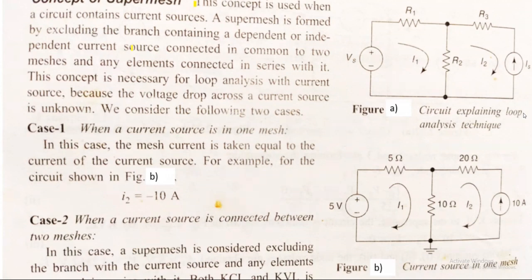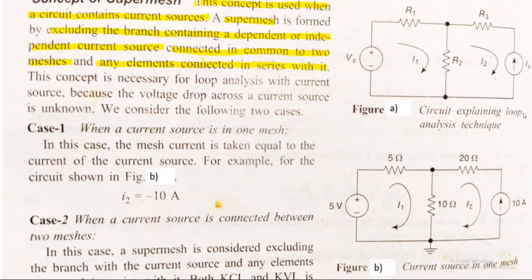So see the first one, case 1. Let me tell you how supermesh is formed. This concept is used when a circuit contains current sources, as I mentioned. A supermesh is formed by excluding the branch containing a dependent or independent current source connected in common to two meshes and any other elements connected in series with it.